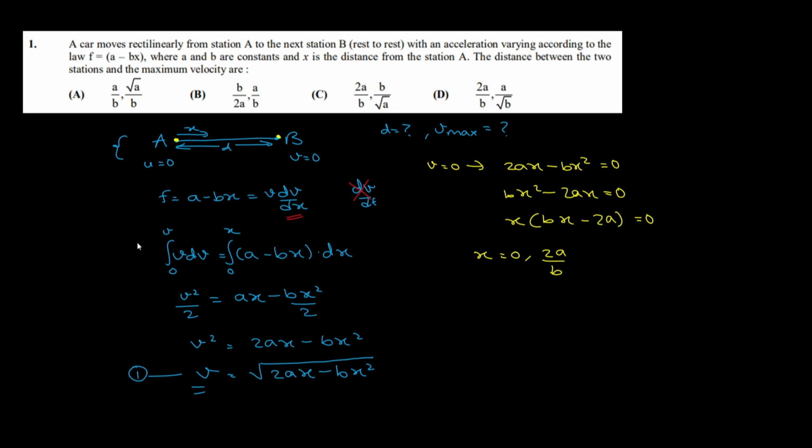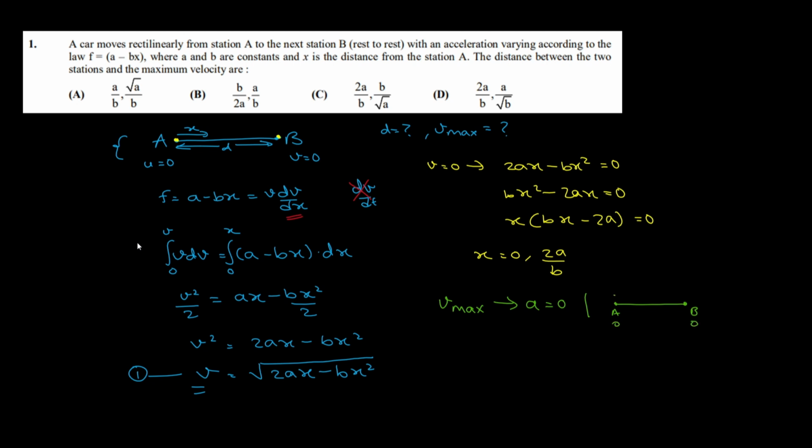Okay, so let's find out the maximum velocity. For Vmax, we can say that the derivative of velocity will be 0, since we have to find the maxima. So acceleration will be 0. Another logic would be: from station A to station B, the initial velocity is 0 and the final velocity is 0.